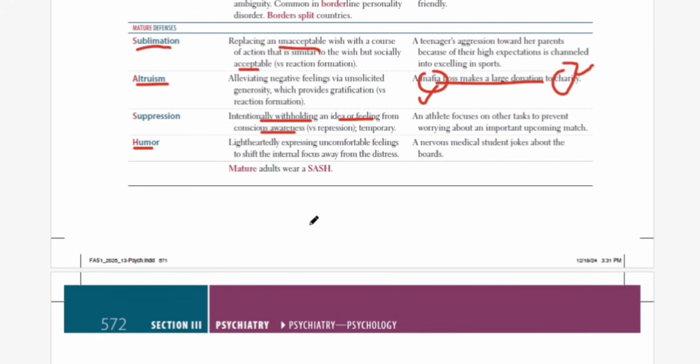So this is basically humor. Let me give you an example. For example, a medical student went for the Step 1 exam, and it was difficult for him, but instead of becoming anxious, they are making jokes. Okay, it's fine. Making jokes about the exams, and that way they relieve their anxiety. That's basically humor.